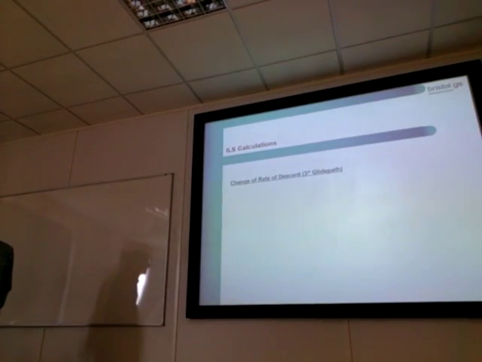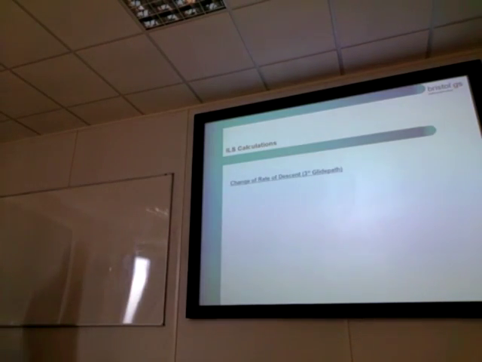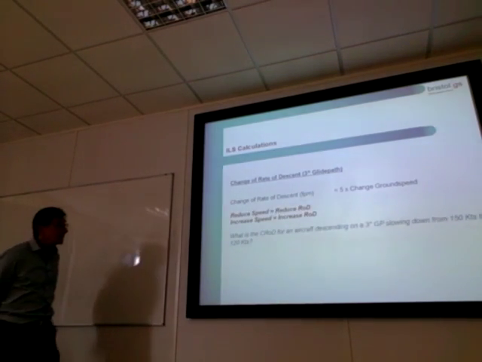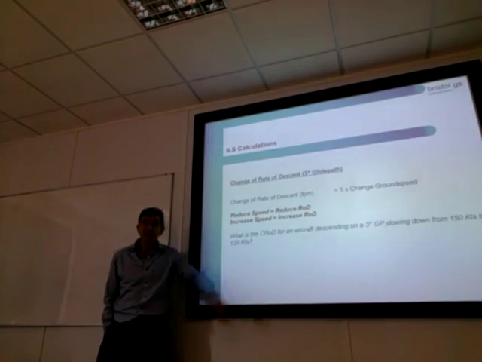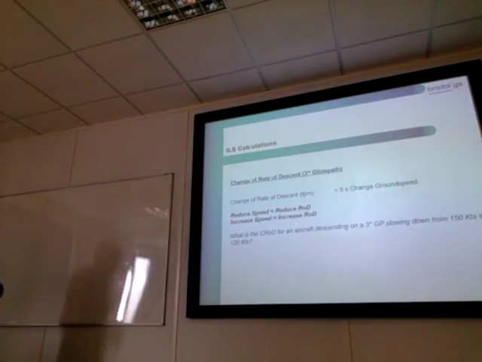Now then, the examiner, not happy with that, has gone, well, you might make your calculation, and then air traffic say, oh, the wind has changed. So now this is about modifying the calculation. Change of rate of descent. So we know that is 5 times the change in ground speed. So what is the correction to the rate of descent on a 3-degree glide slope, showing 150 knots to 120?